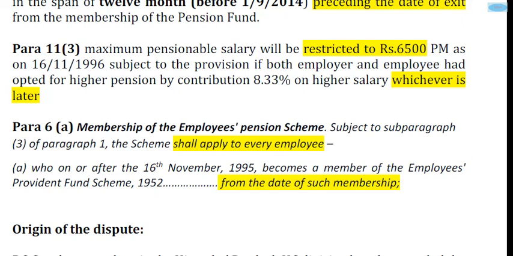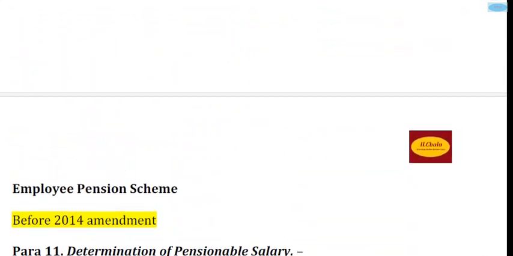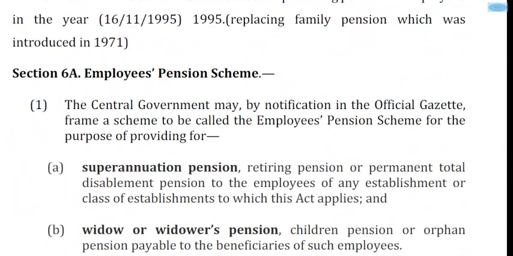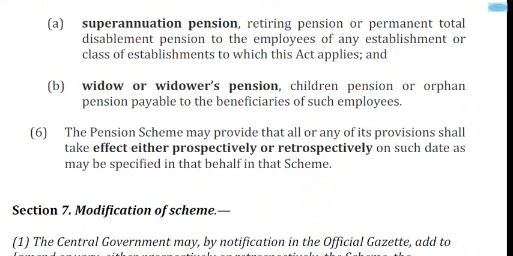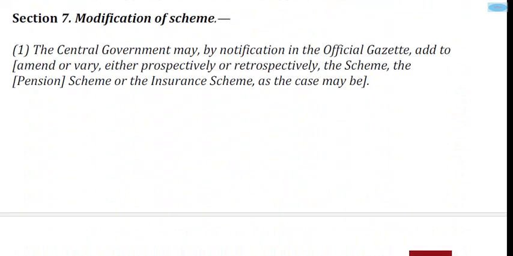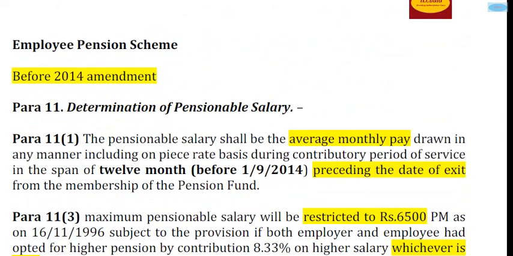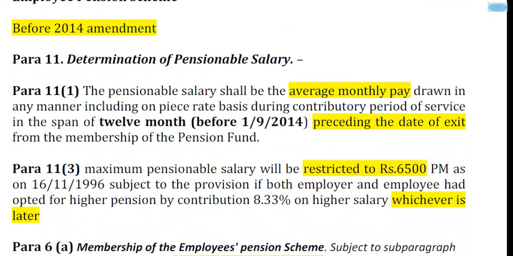Right. So what we have discussed so far is when this pension was introduced, the section 6A provision, and section 7A also. Then the Employee Pension Scheme, para 11 subclause 1, what does it say?